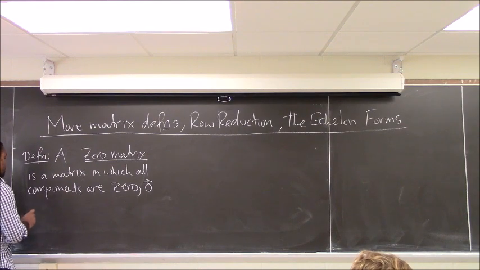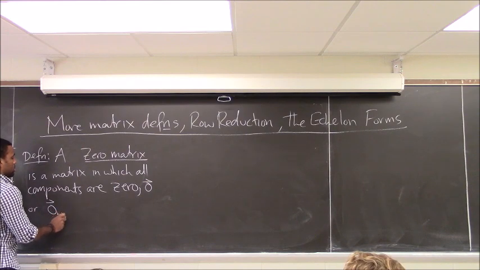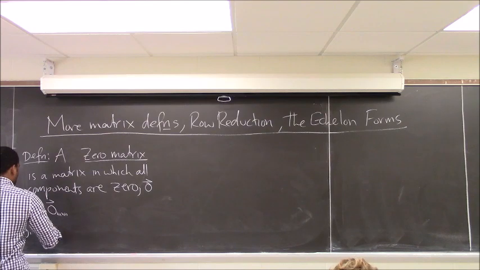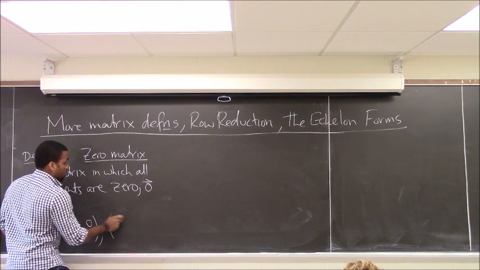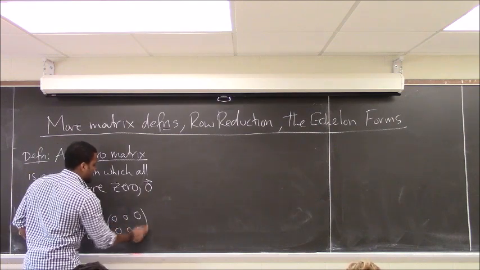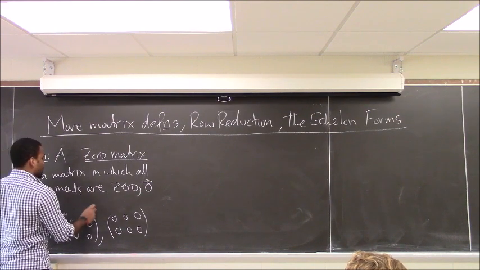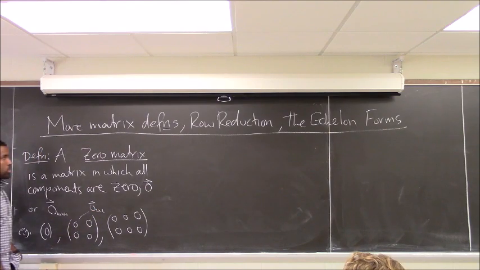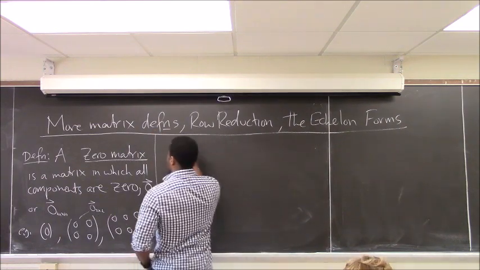Or I might even tell you the size of the zero matrix I'm talking about. So you can have a 1 by 1 zero matrix, or a 2 by 2 zero matrix, or a 2 by 3 zero matrix, doesn't matter. If it's a matrix where every entry is 0, that's called a zero matrix. And for emphasis, if it's not understood, I'd write 0 equals, and I'll describe that I'm talking about the 2 by 2 zero matrix. That's a very important idea. Helps us with addition a lot of the time.